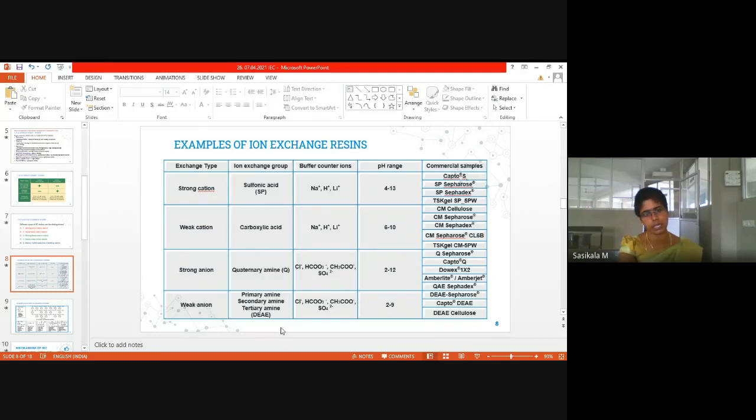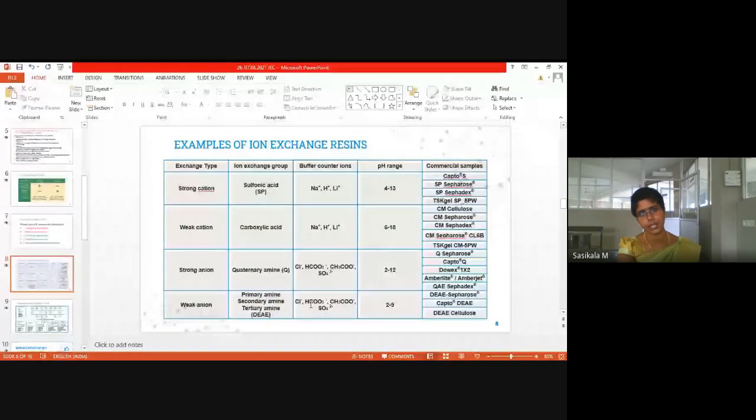Now you just see the types. And the weak anionic exchanger is DEAE. DEAE is nothing but amines. D represents the diethyl aminoethyl exchanger. This is also in the amine category. It will include primary, secondary, and tertiary amines carrying a positive charge to separate anions.